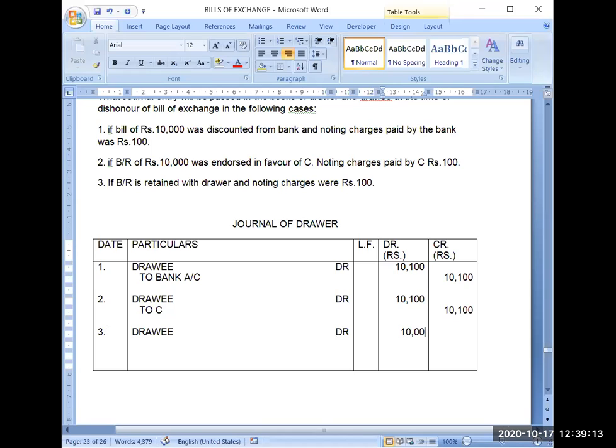Now next is that this time the bill was with the drawer only. He has the liability to hire a lawyer and he will pay the charges of rupees 100 from his pocket, to cash account, rupees 100. So he has paid the cash this time. So that's why the drawee will become his debtor for 10,100.